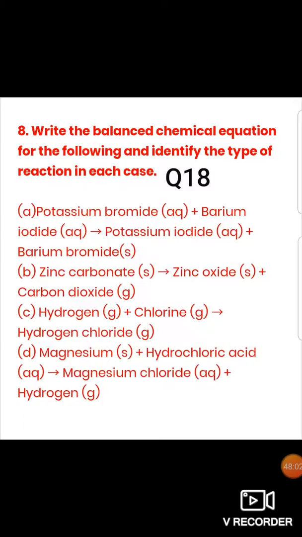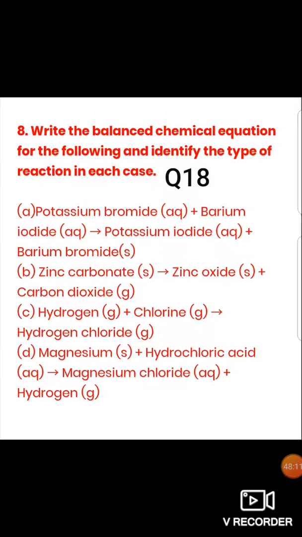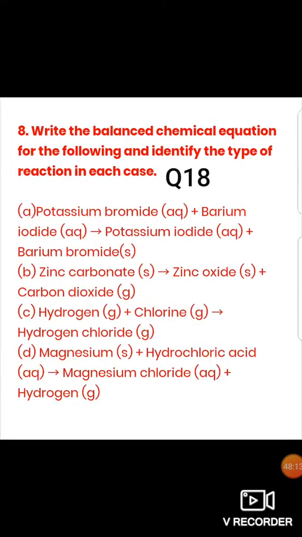So you have to balance these chemical equations and write which type of chemical reaction this particular reaction is, whether it is a combination reaction, a displacement reaction, an exothermic reaction, an endothermic reaction, or a redox reaction.